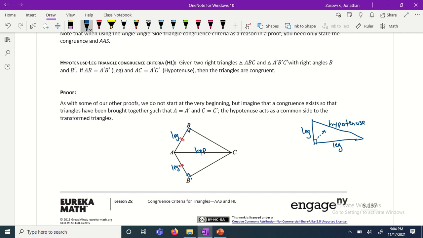Now, in order to use HL in your proof, number one, we have to state that we have a right triangle. You're normally going to get either a right angle or a 90-degree angle somewhere in your proof.